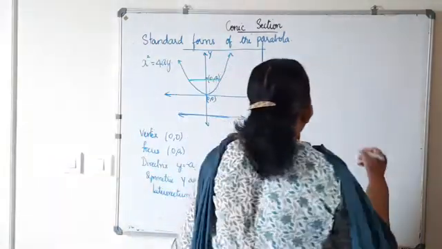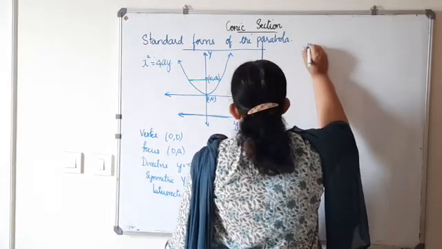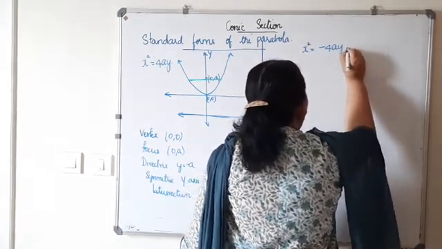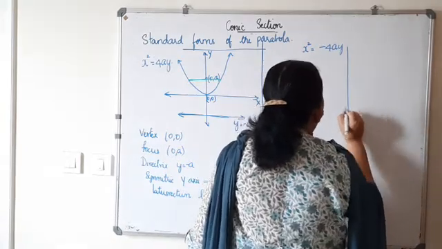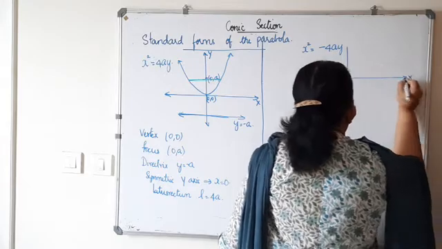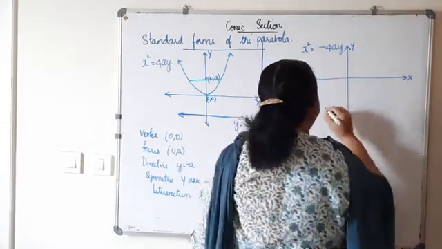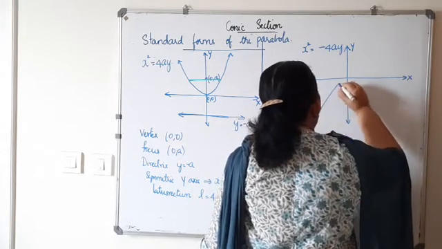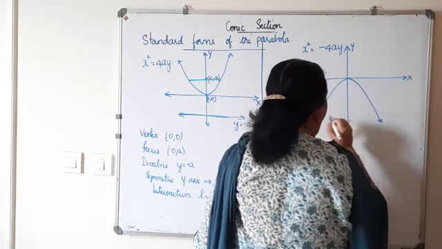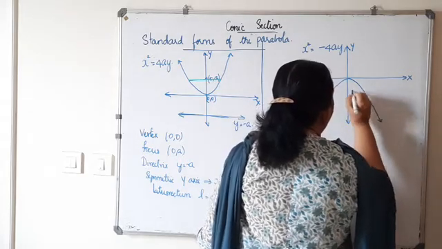Now, the fourth one is the parabola x squared is equal to minus 4ay. On the x-axis and y-axis, this parabola opens down, like a cap-shaped parabola, and its focus is at 0, comma minus a.